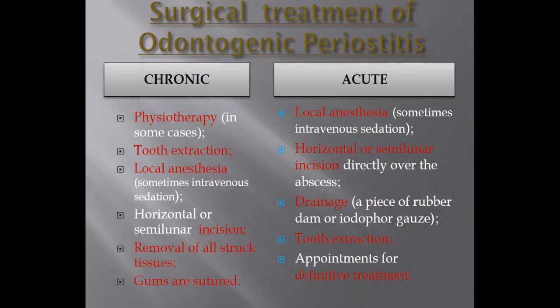And if it's the acute stage of odontogenic periostitis, we have to extract the tooth, put in the drainage, of course incision, then drainage, and appointments for definitive treatment.